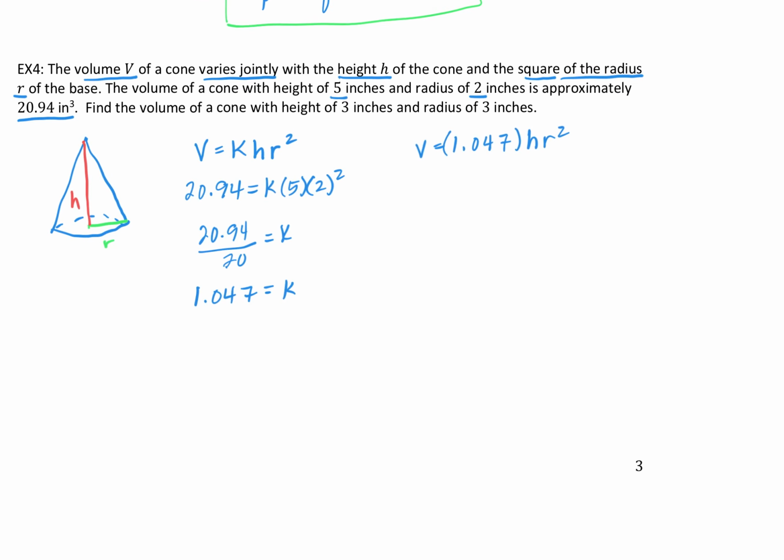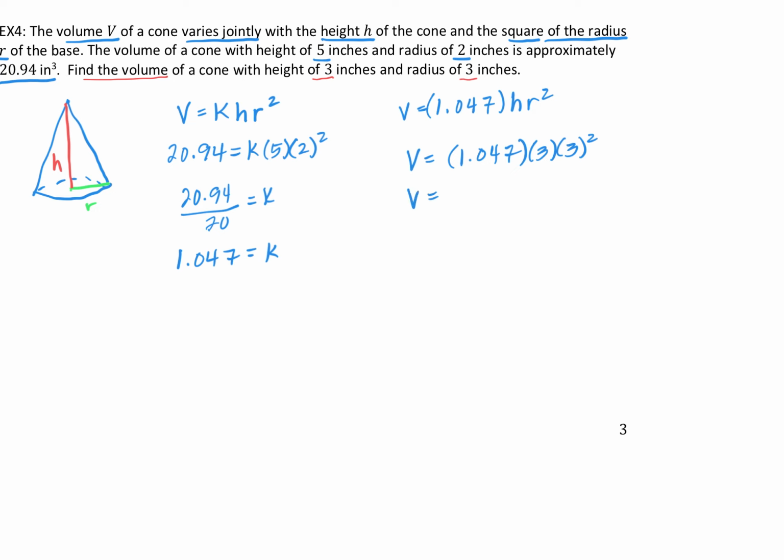The last sentence here will give us the problem that we need to solve. We're supposed to find the volume, so I know I have to find V. I have K of a cone with a height of 3 and a radius of 3. So 3 and then the radius 3 would be squared. I'm just going to put that in a calculator.